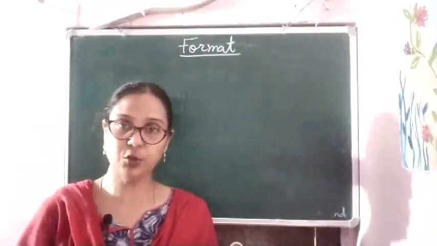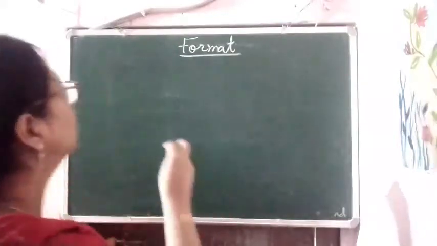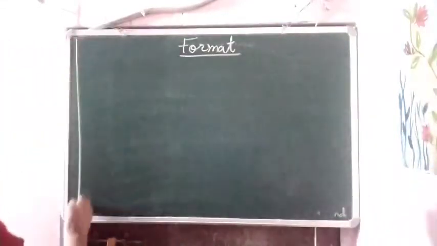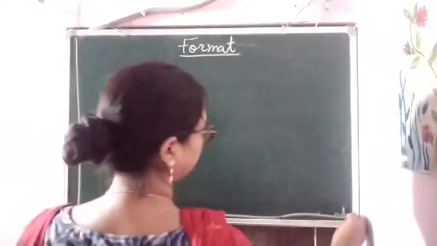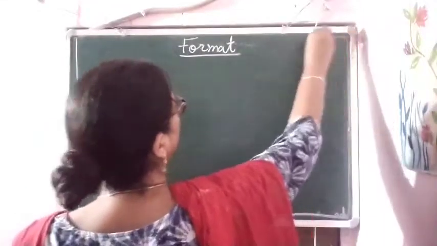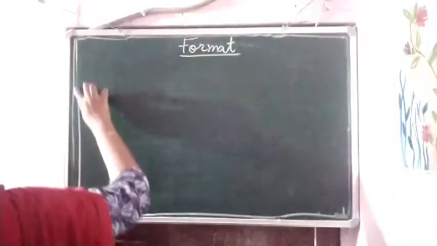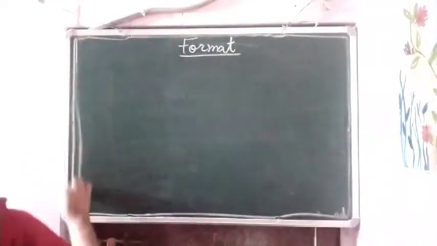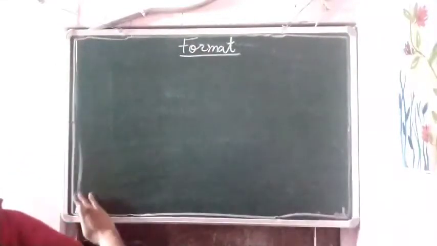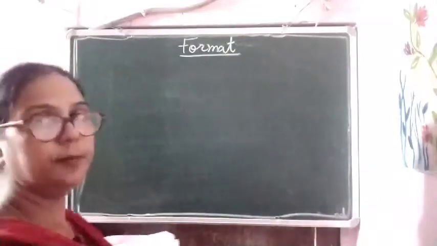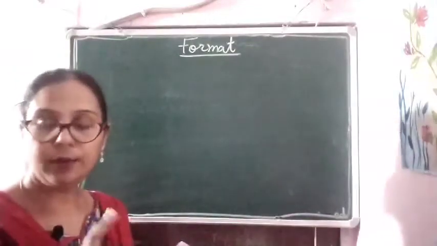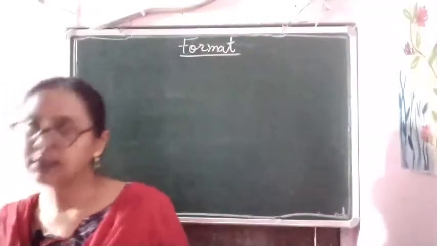First of all, we should draw a rectangular box. A box should be there. Always keep in mind that we should draw a box. Then, always remember that the name of the institution goes at the top of the box.